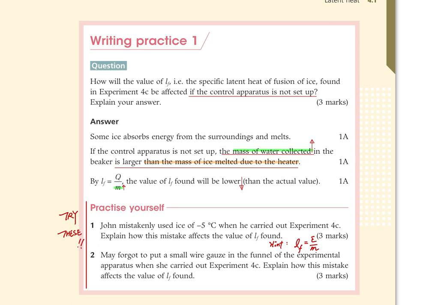In the above experiment, there is a control setup. Without the control setup, the amount of water collected would be larger than the mass of ice melted by the heater. So when we apply the formula, we may have an overestimated mass of ice melted.